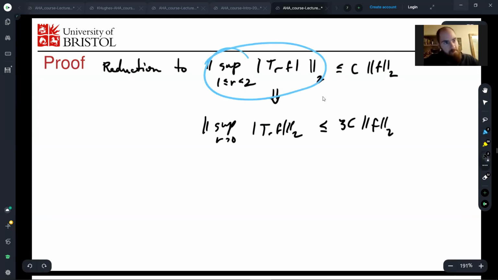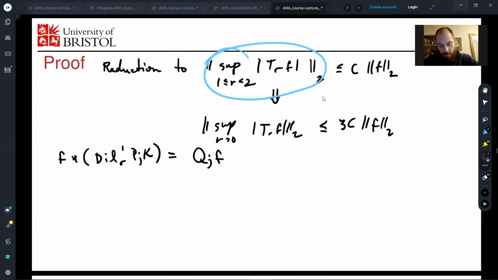And we also are going to use the fact that if I take F and I convolve it with this, it is going to be equal to huge A of F convolved with the same thing.